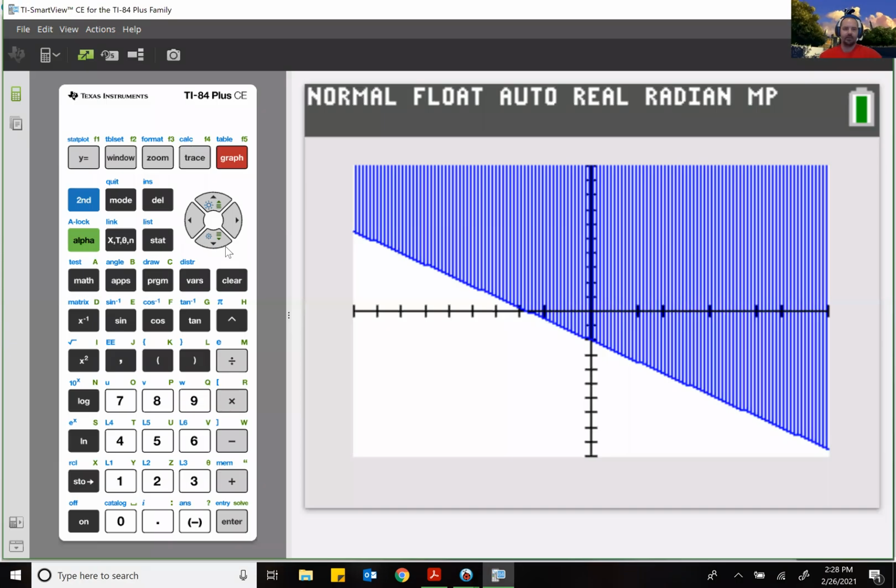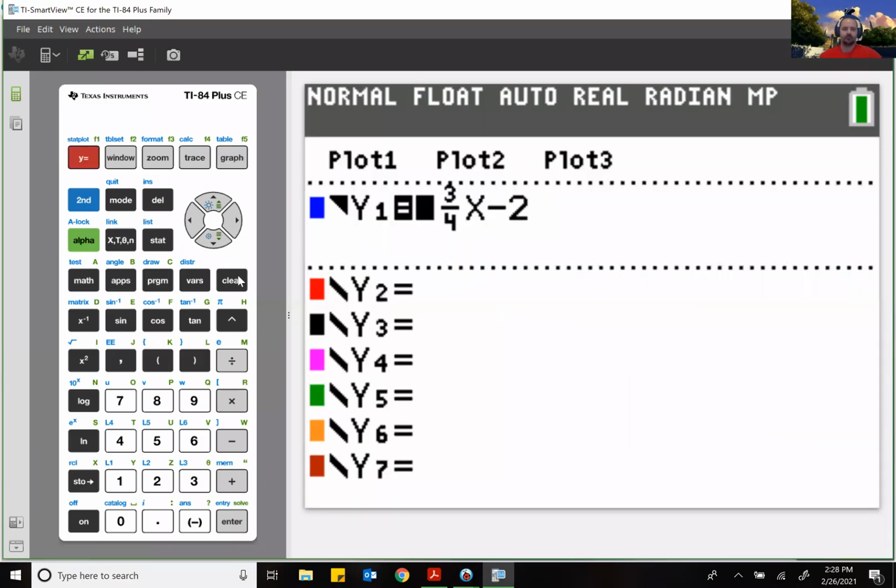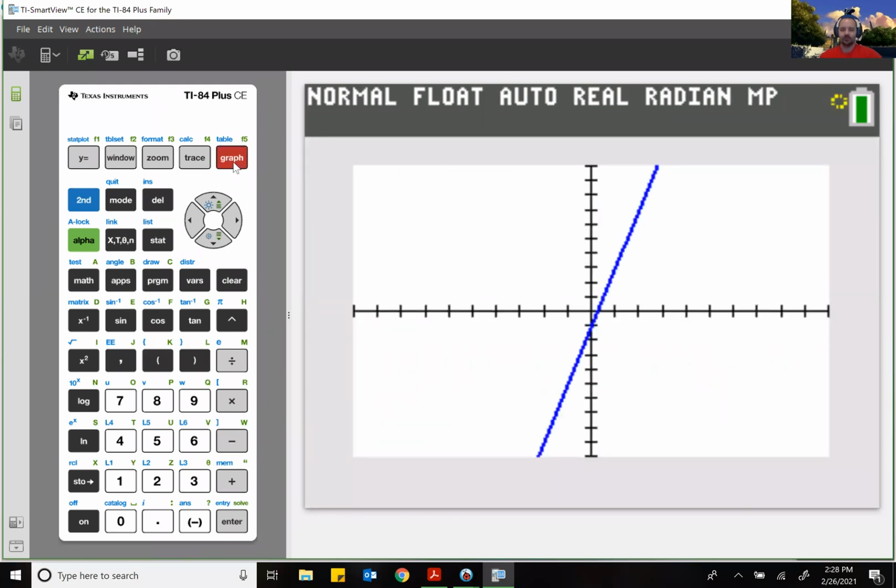All right, so let's come in here. Let's go to y equals. Let's clear all this out. I'm going to put in 4x minus 1. There's what it looks like. Let's get some points.